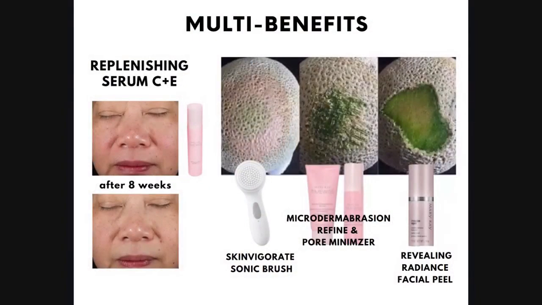All right, and then the next product, we're not going to spend too much time on it because we like to save that one for our pamper party, but the Revealing Radiance Facial Peel, that is actually a chemical exfoliator. It uses the power of glycolic acid. Again, that looks a little scary on the cantaloupe, but basically what it's trying to send the message of is it's actually going to break apart the next few layers of your skin, and it's going to slough that off too.